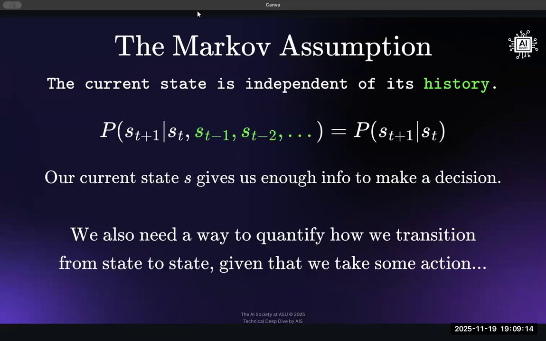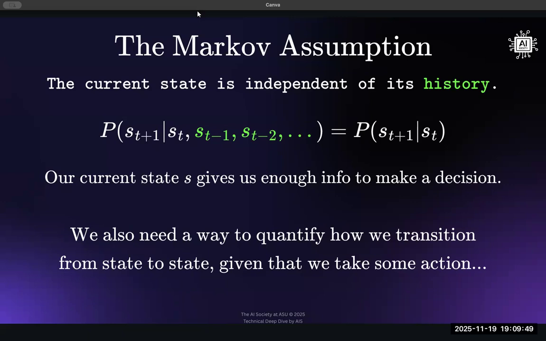And one very important assumption that we're going to be using across the rest of the session is the Markov assumption, and it deals with probabilities. It says that the current state is independent of its history. So as you can see, the green part right there, the probability of being in the next state conditioned on our current state and the state before that and the state before that one.